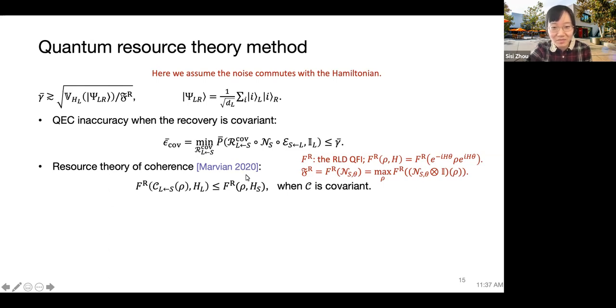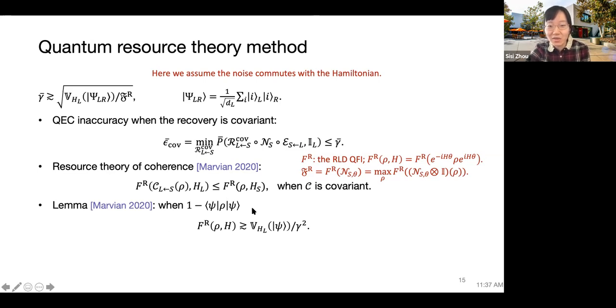So basically the trick is that if a state is very close to a pure state, then this RLD QFI is going to be extremely large, because if a state is exactly pure, the RLD QFI is going to be infinity. So okay, I think there's something which is blocked here.